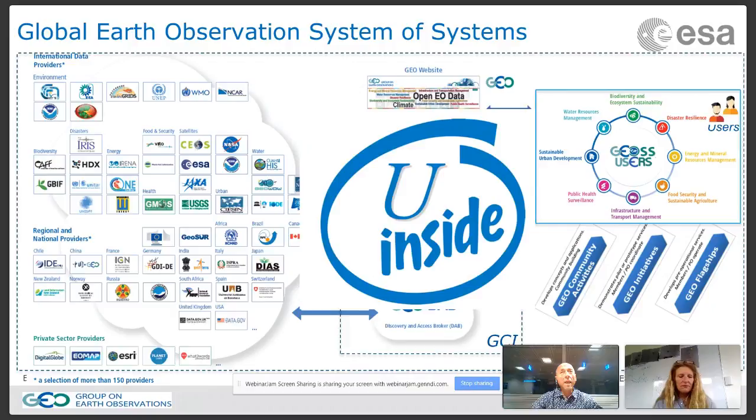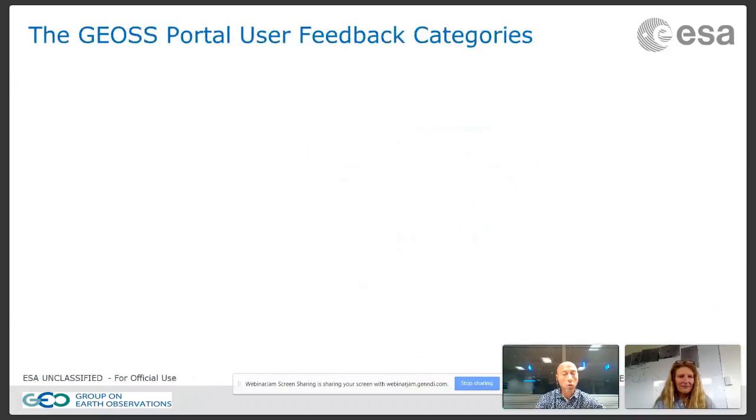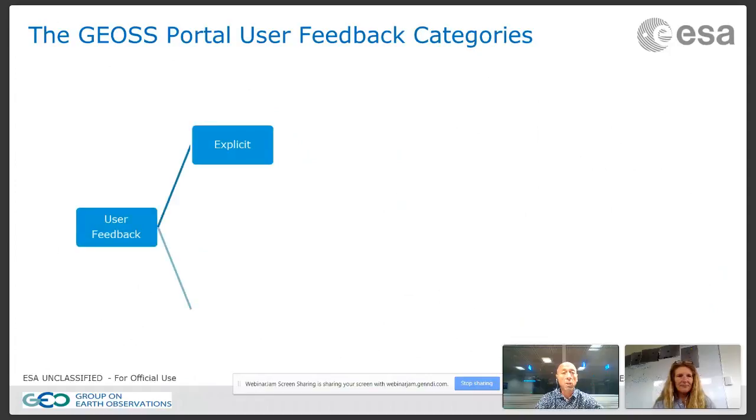That's why our main logo has the U inside, and so we are particularly keen in having user feedback to evolve our system and to answer the different needs of the different user communities. So that's why we would like to bring to you the activities that we have in the user feedback within the GEOSS portal.